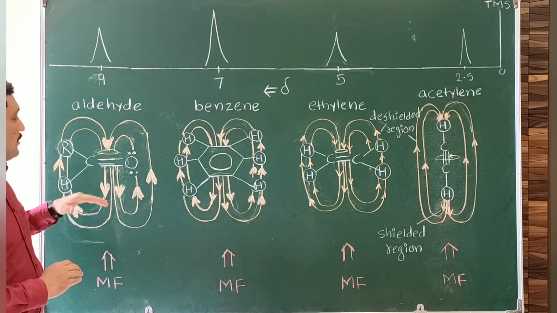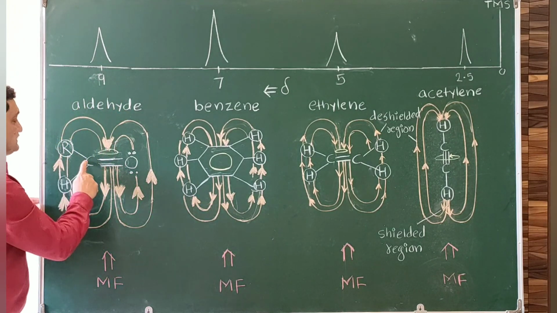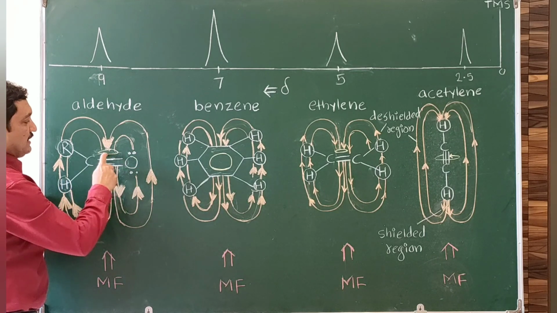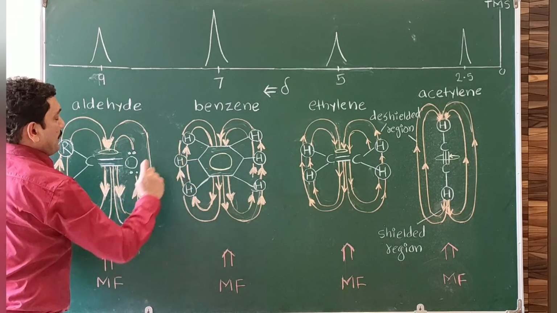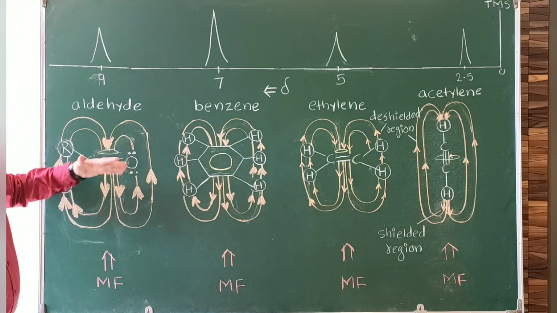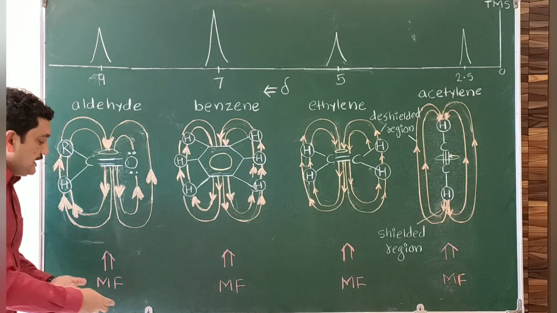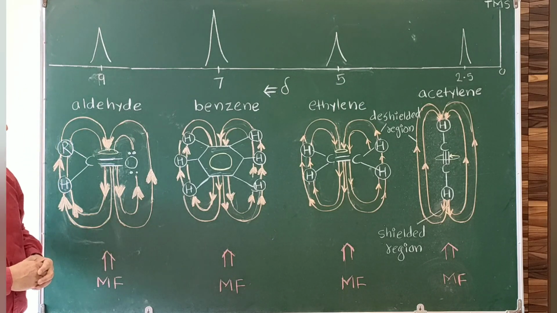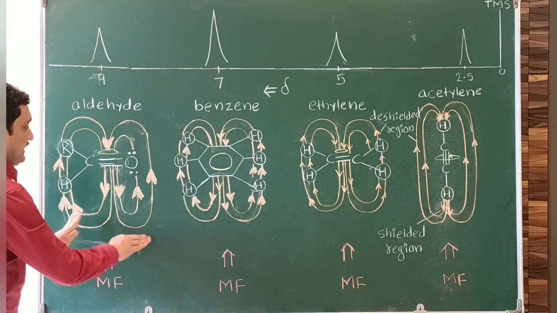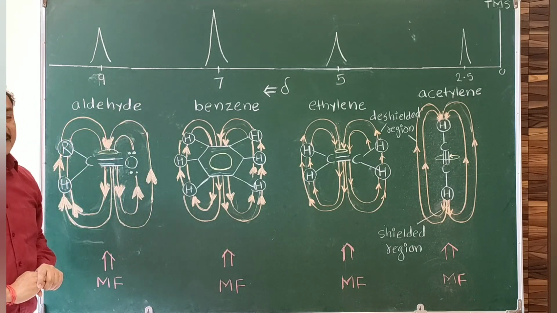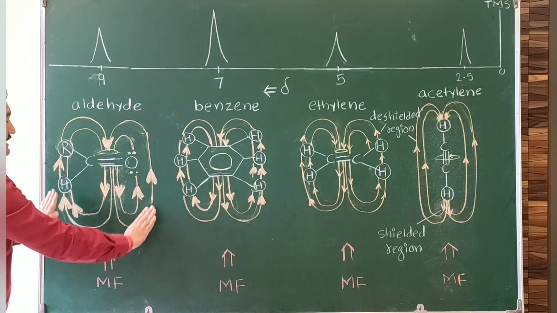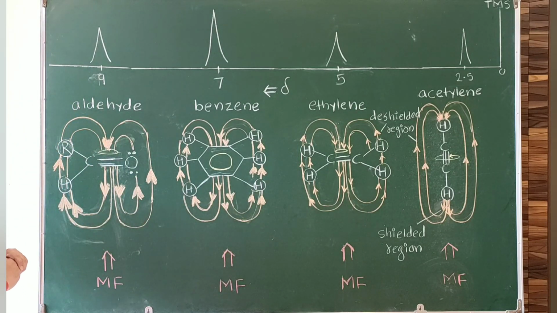Now we will take the example of aldehyde, RC double bond OH. It has 2 lone pairs and a pi bond. Compared to the pi bond, lone pairs are more free, so they can vibrate and circulate more effectively. If we apply the external magnetic field, the electrons will vibrate and circulate effectively and pronounced shielding and de-shielding will generate, more pronounced than in ethylene and benzene.